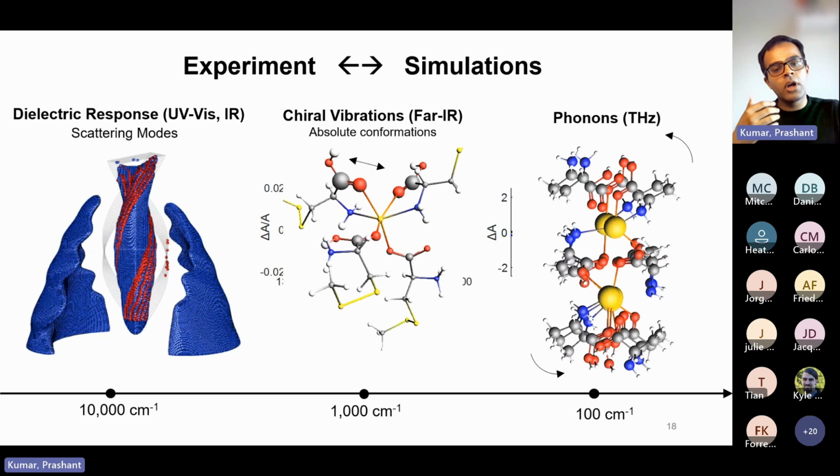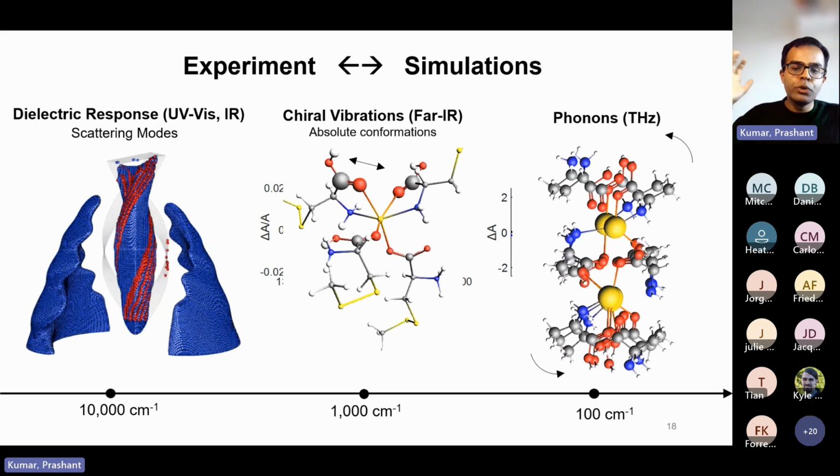And if we now start to correlate the spectra that I've shown you with the spatial nature of these vibrations, we can start to interpret the peaks that we see in these spectra. And these are the vibrations that I showed you through simulations.